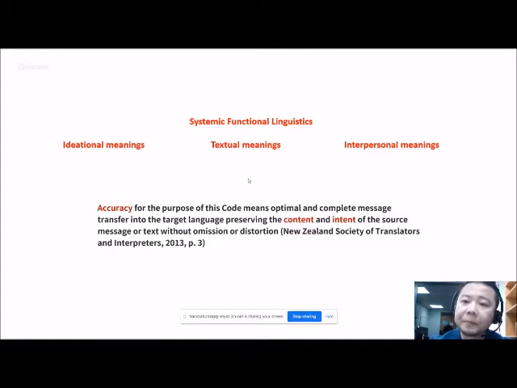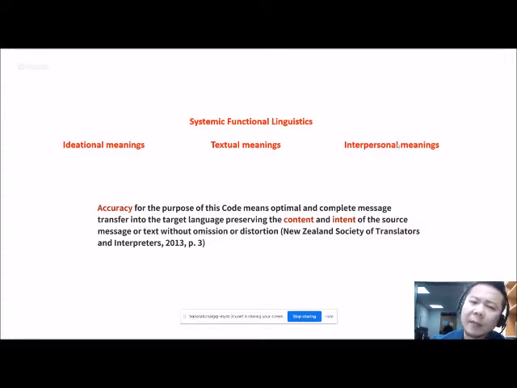And interpersonal meanings: the text should make the reader realize that it's a text produced, for example, by a government office, or by a healthcare authority body, and this text is aimed at the general public.